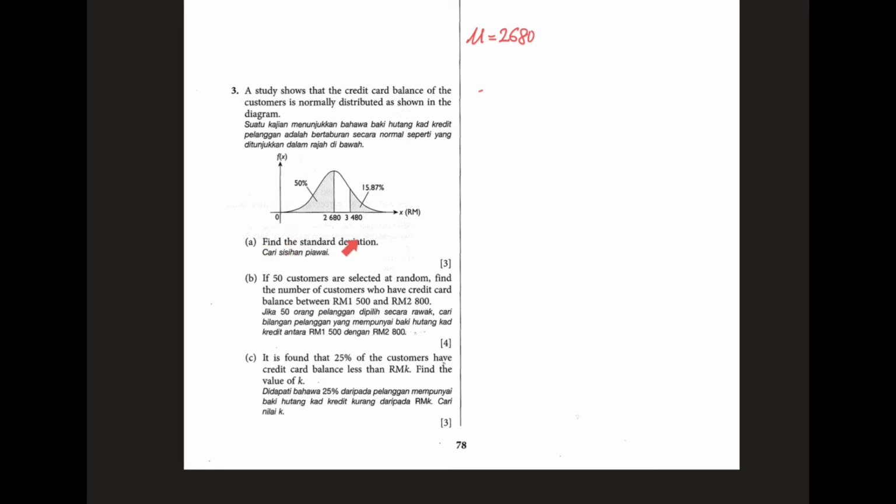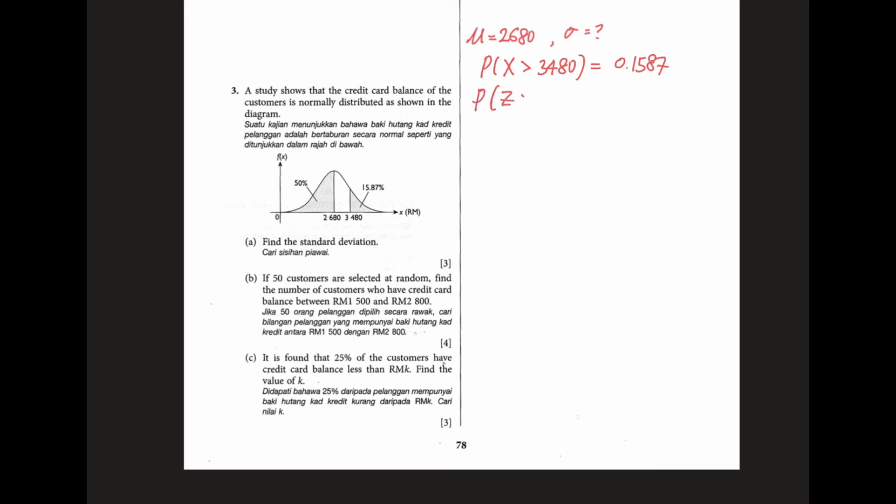Now in order to find the standard deviation, the sigma, basically this symbol is known as sigma, I'm going to make use of the 15.87% on the right, because I know that our table can find probability on the right. From the graph, when x is more than 3480, the probability is 0.1587.